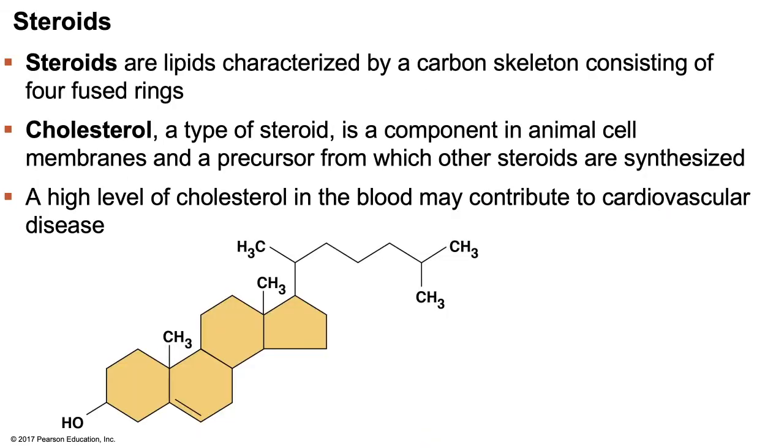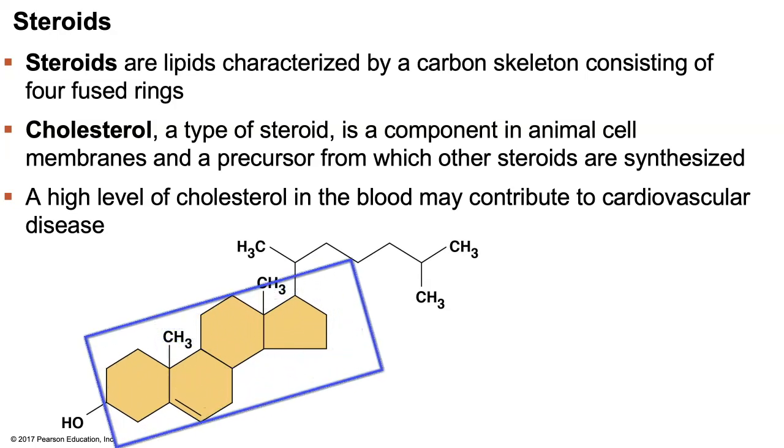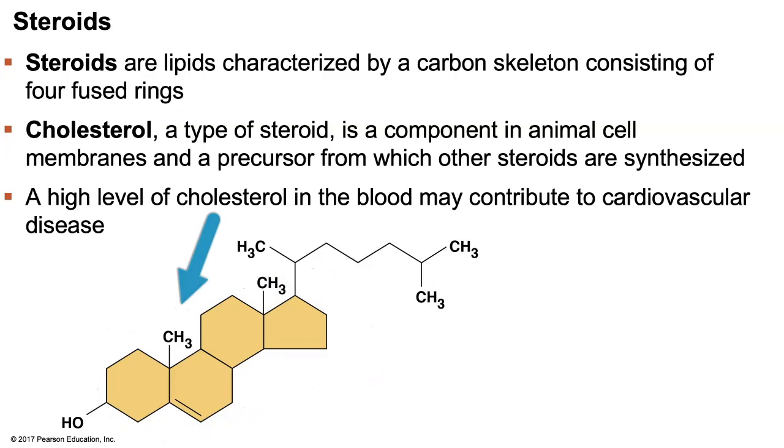The third type of lipid is called a steroid. And you've no doubt heard of a steroid before, possibly used as a general term for someone who was ill, who needed to be on quote-unquote steroids. You'll see that steroids are actually an entire group of lipids characterized by a carbon skeleton consisting of 4 fused rings. An example is cholesterol, which is often talked about for its presence in our blood.